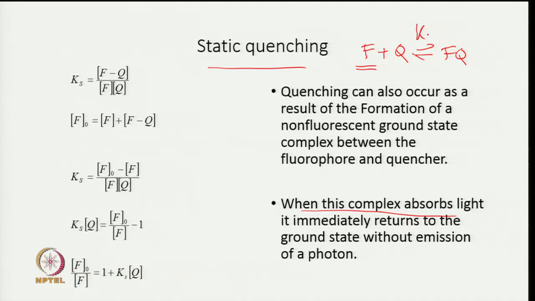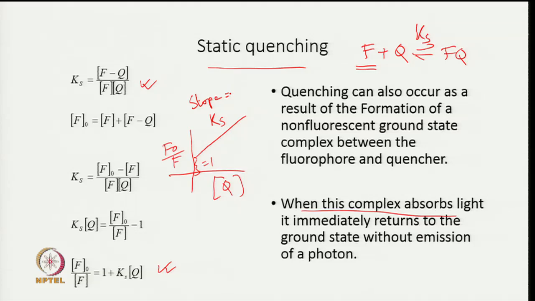If I take the equilibrium constant as Ks, I can write this equation, and I showed you last time that it gives F naught by F equal to 1 plus Ks, or Ka the association constant, which is your static quenching constant, multiplied by the concentration of Q. Again, if I plot F naught by F versus Q, I will get a straight line where the intercept will be equal to 1 and the slope will be equal to the value of Ks.